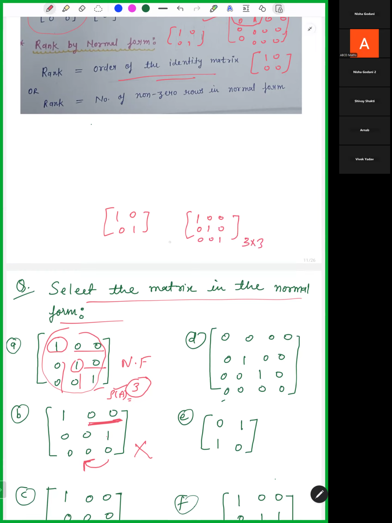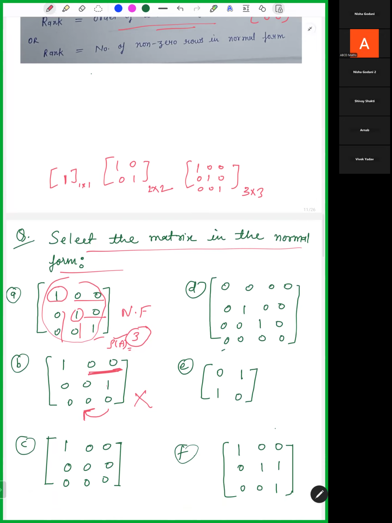This is the identity matrix of order 3. But what is the identity matrix of order 1? Only 1. This is the identity matrix of order 1. So you can find this now. This matrix has an identity matrix of order 1. So this is in normal form.